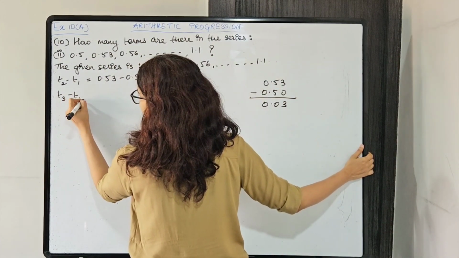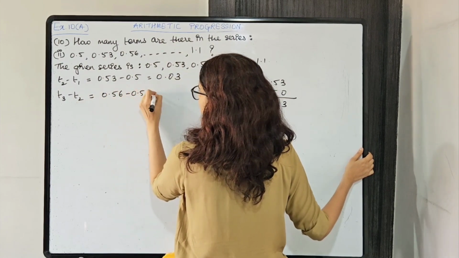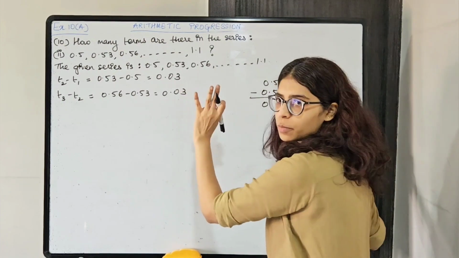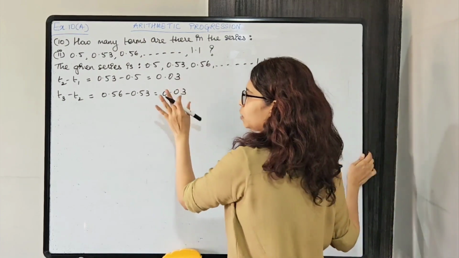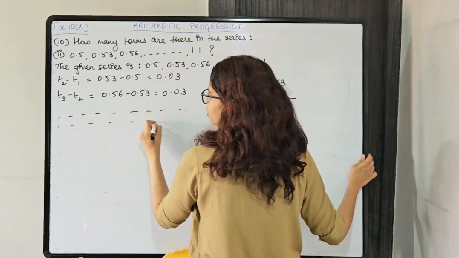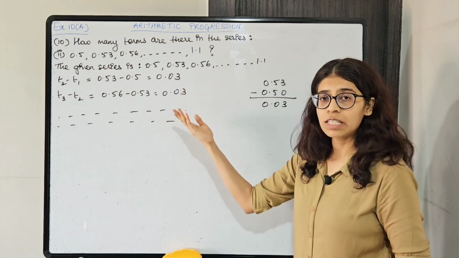T3 minus T2, 0.56 minus 0.53, again 0.03. So the common difference is same. You will write down the statement: since the difference between the two consecutive terms is same, the series is an AP.